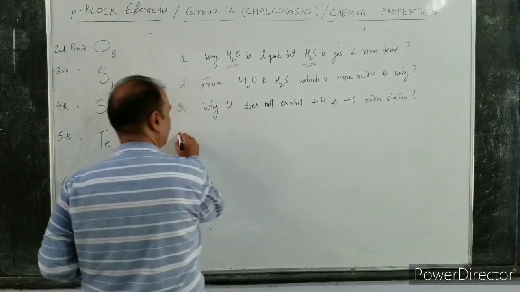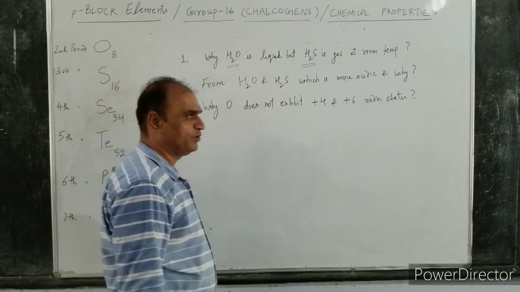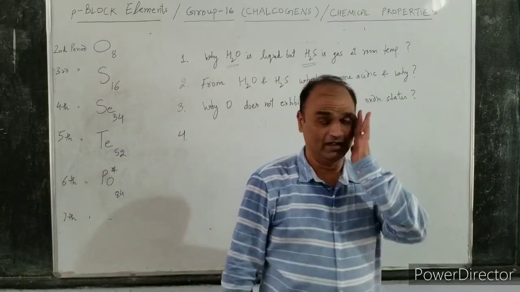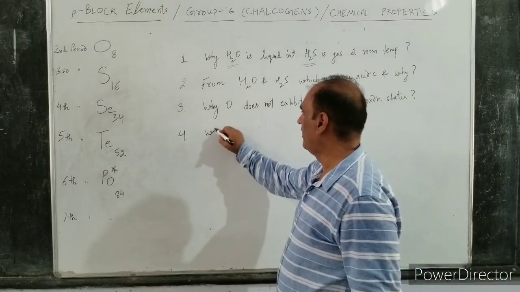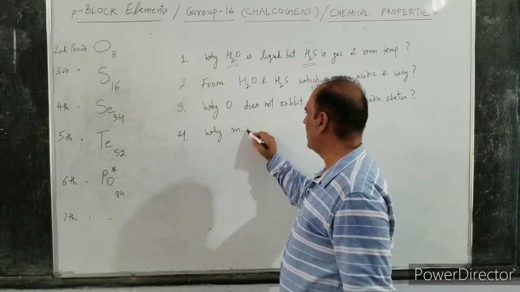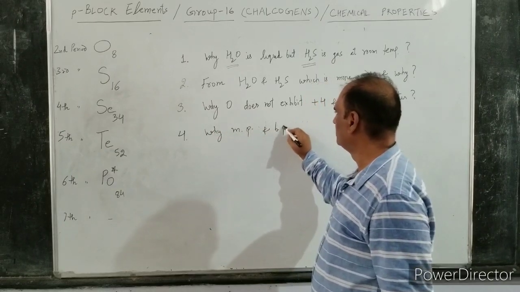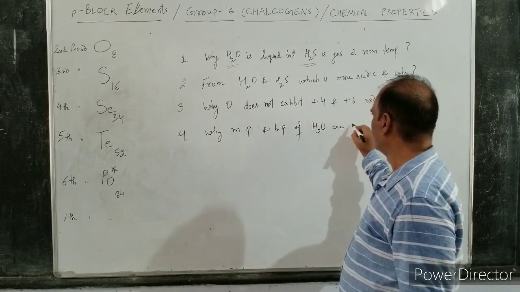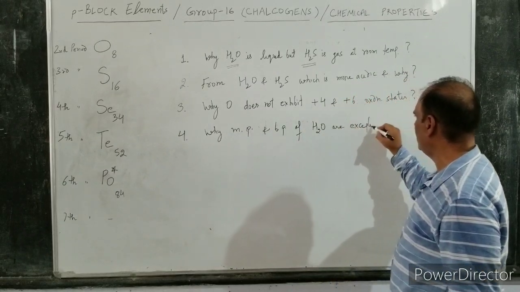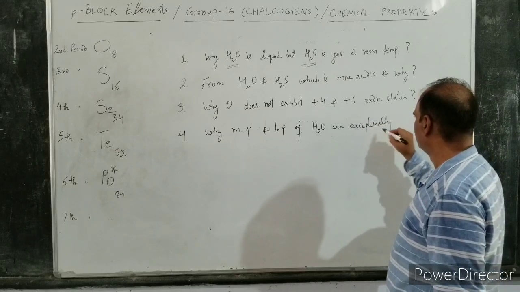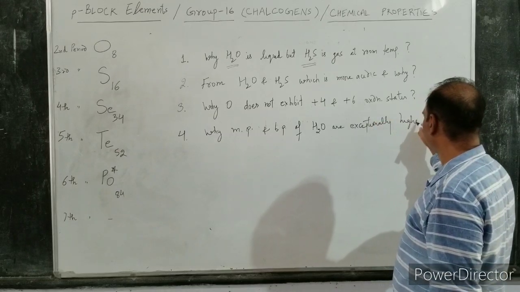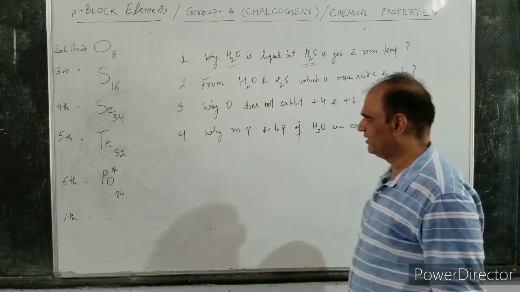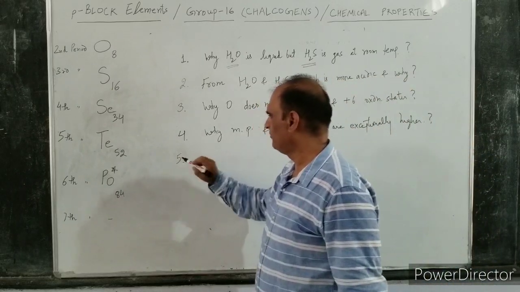Then one more question you can solve from this. Why are the melting point and boiling point of H2O exceptionally higher? Again, you know the reason will be H bonding.